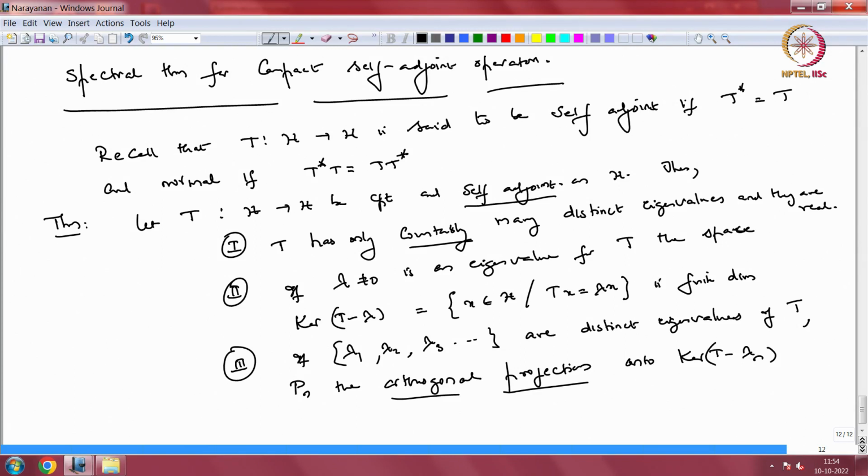So, you look at one eigenvalue lambda n, that is a finite dimensional subspace, so it is closed, and to that finite dimensional space there is an orthogonal projection which we denote by Pn. Okay.